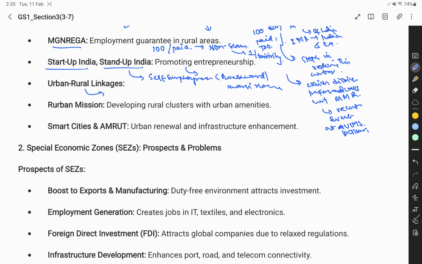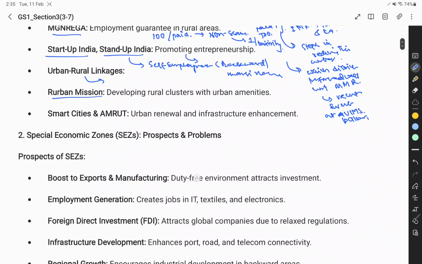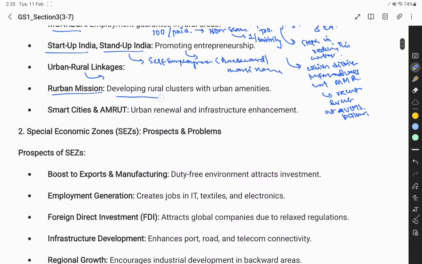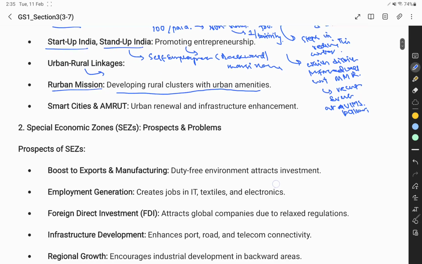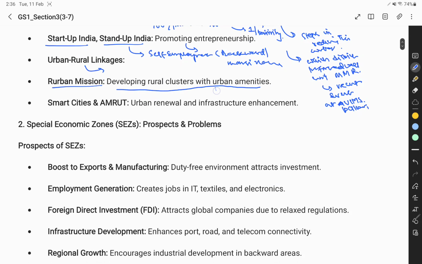Then the urban rural linkages: we have the urban mission, wherein rural clusters are developed with urban amenities. Urban amenities include PHCs, markets, then hostels, be it for students, then colleges, etc. Then Smart Cities and AMRUT are for urban renewal and infrastructure enhancement.